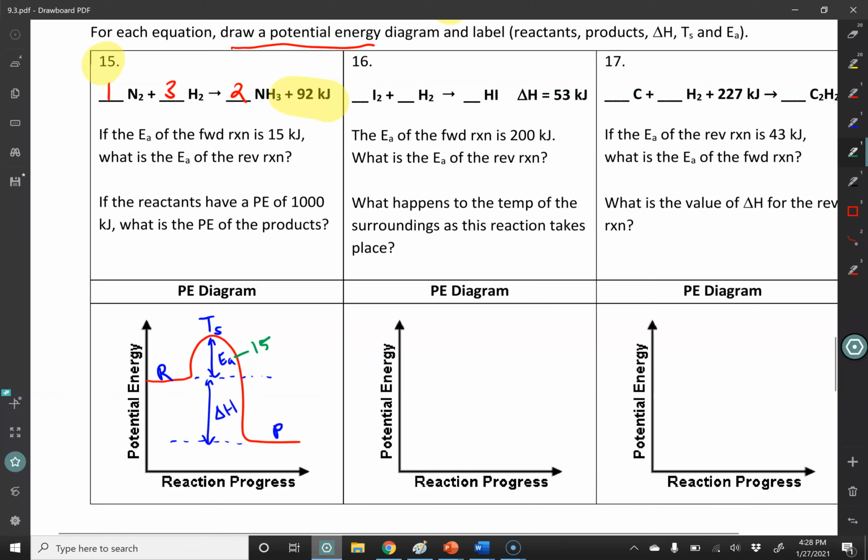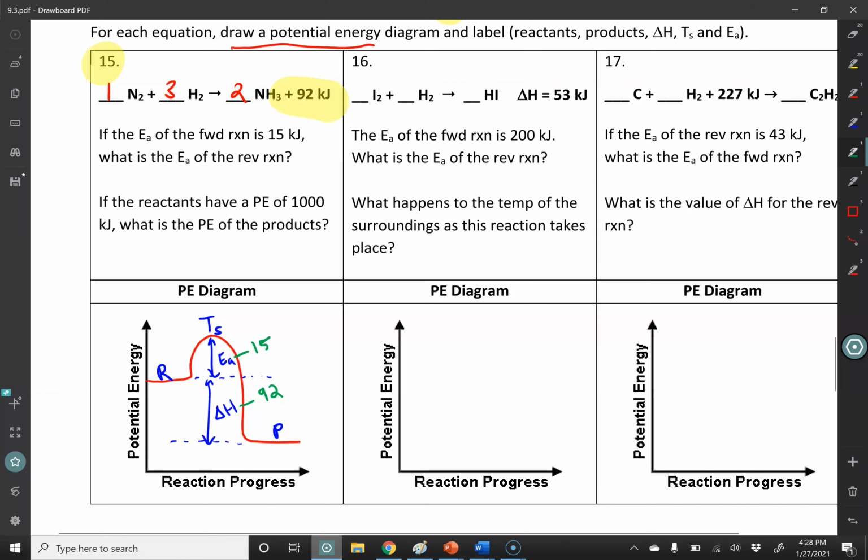I know that this little part of the diagram is 15 kilojoules. And I know that delta H is going to be 92 kilojoules. I'm not going to worry about the sign here because if I'm going in the forward direction, it's exothermic, so it would be negative. And this is asking about the reverse reaction. So when it's from products basically back to reactants, it's going to be positive.